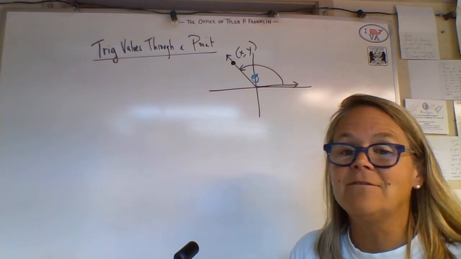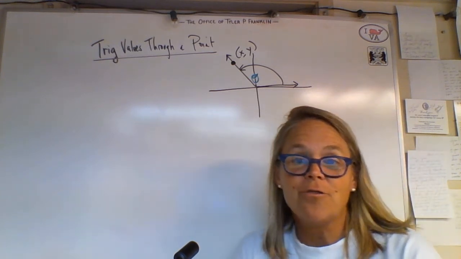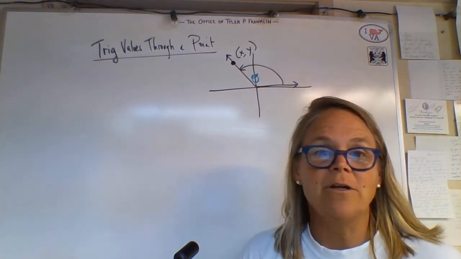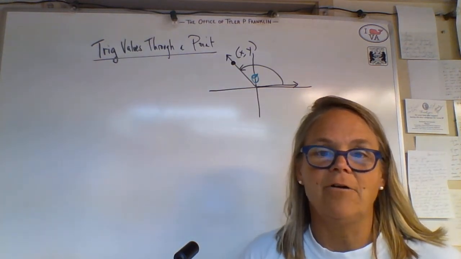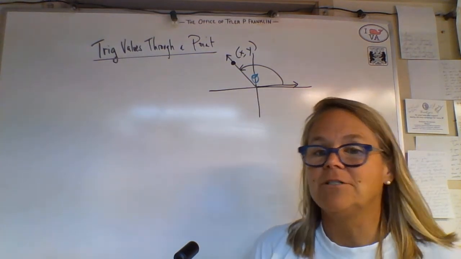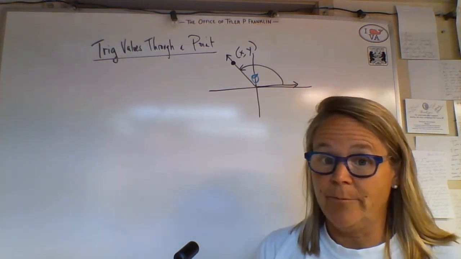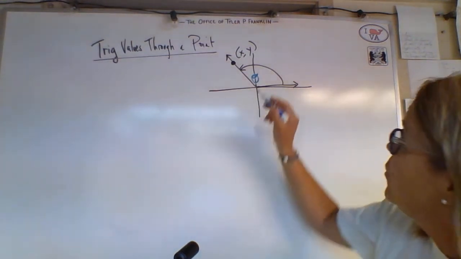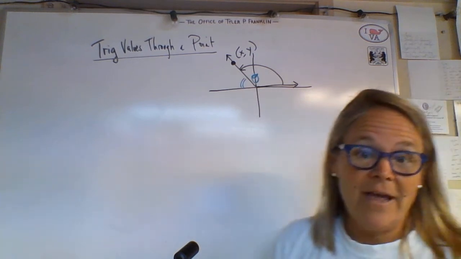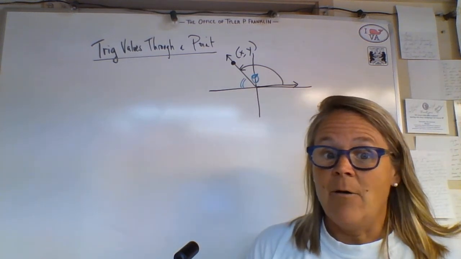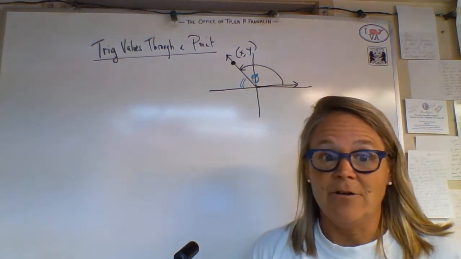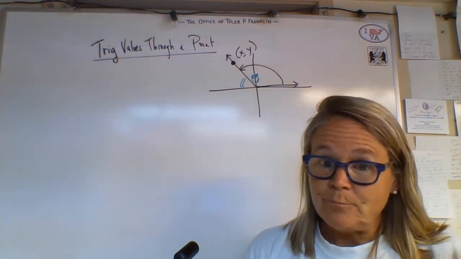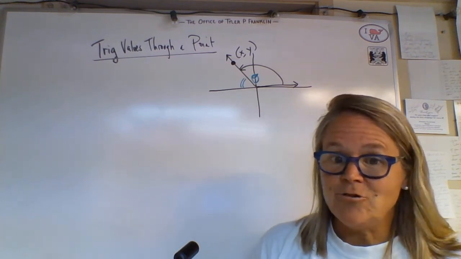I can find the trig values through that point by using SOHCAHTOA and the reference angle. Reference angle is always the angle between the terminal side and the x-axis. If I'm asking you for sine, cosine, tangent, you need a right triangle.